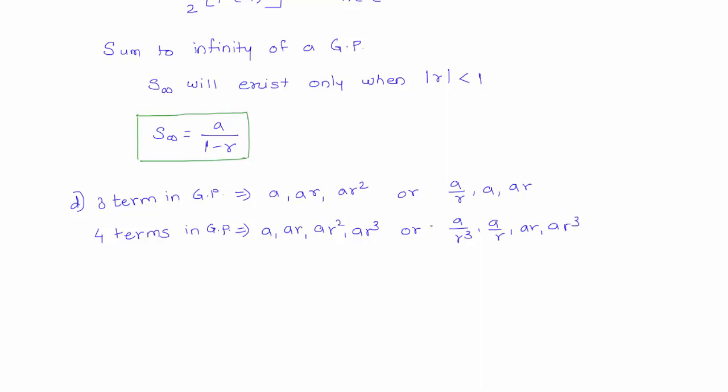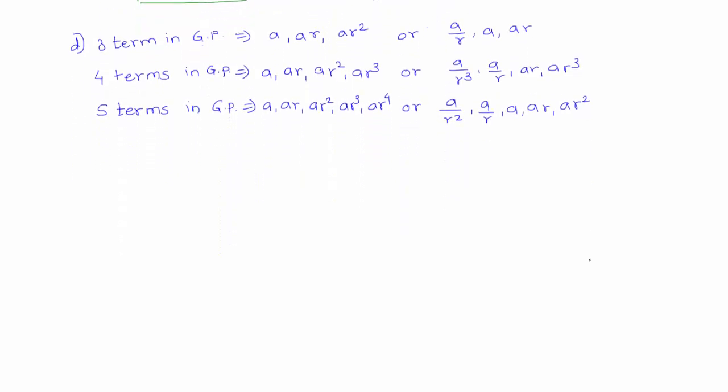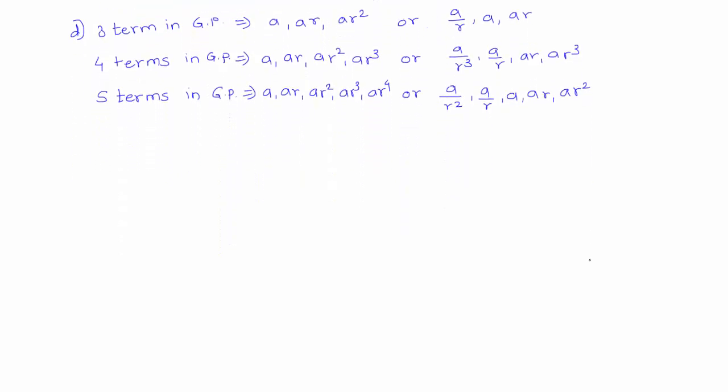You may take four terms as this or the first set. Similarly, if five terms are in GP, then we may assume them as A, AR, AR square, AR cube, AR raised to 4, just go on increasing the power, or A by R square, A by R, A, AR, AR square. So it is up to you students which method to use. You may use any set of numbers when a question says particular terms are in GP.